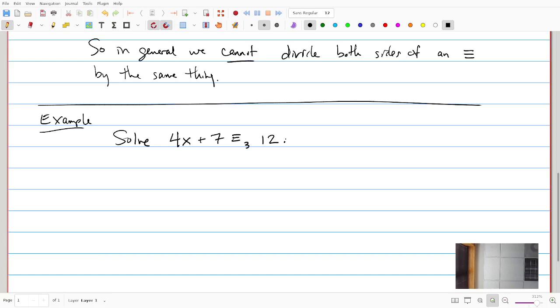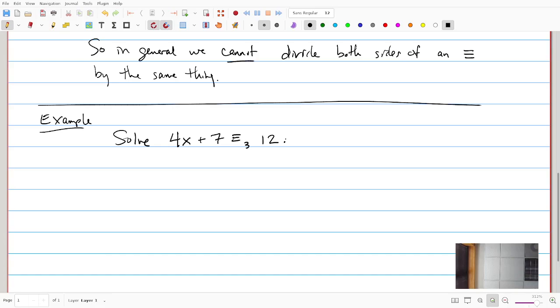Subtract 7 from both sides. Okay, so the question is, are we allowed to do that here? Jared says, I think so. You think yes? You like adding a negative. Okay, so subtracting 7 from both sides, we could think of it as adding a negative 7 to both sides. So are we allowed to add the same thing to both sides?